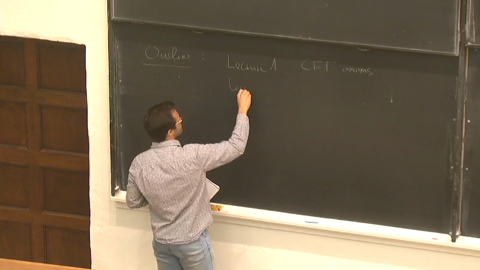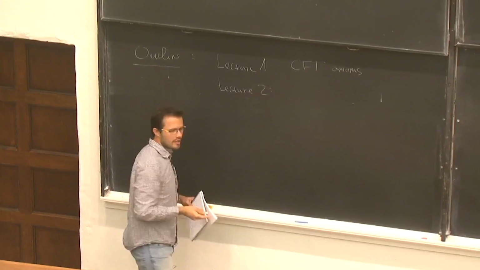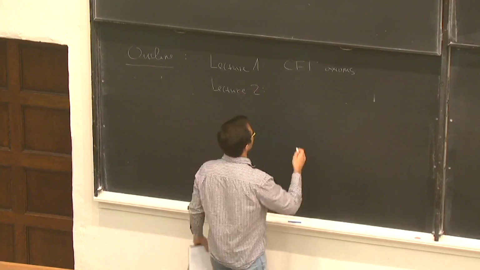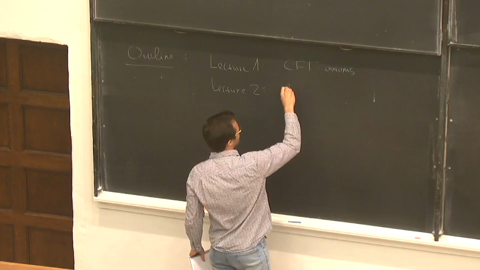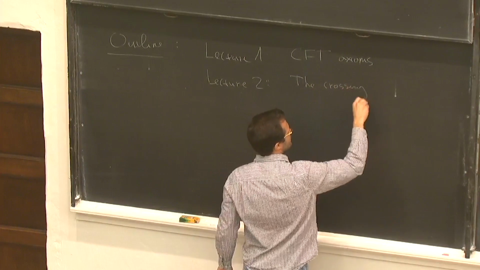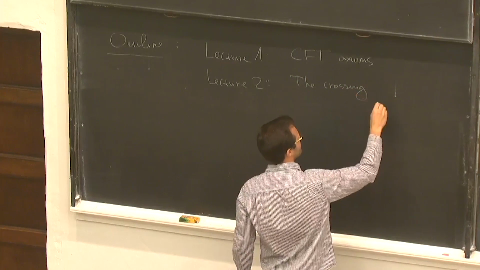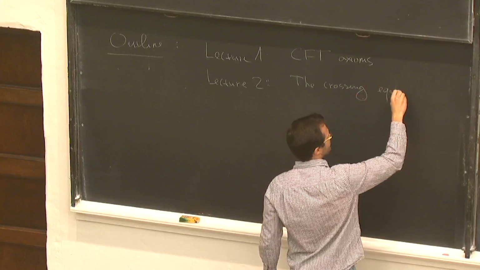Then in lecture 2, everything is going to be set up to discuss an absolutely remarkable equation that we all love in the Bootstrap community, namely the crossing equation. So I'm going to say as many interesting things about the crossing equation as possible.